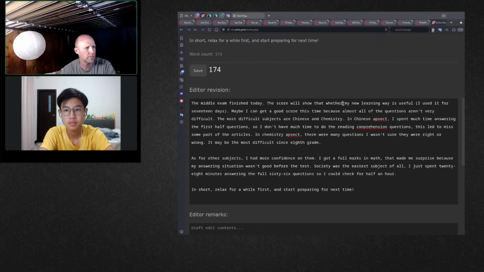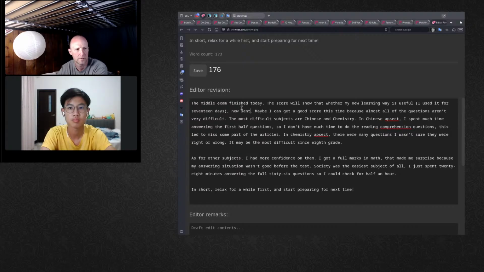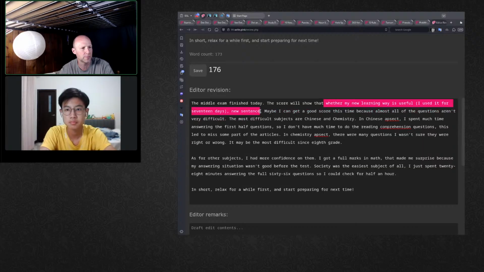When you use this construction, "that whether," you need to have a comma, and then you need to have a new sentence here. Because "show that," and then everything else is what you're showing. "Whether my new learning is useful" is not a sentence, so it can't fit after that.